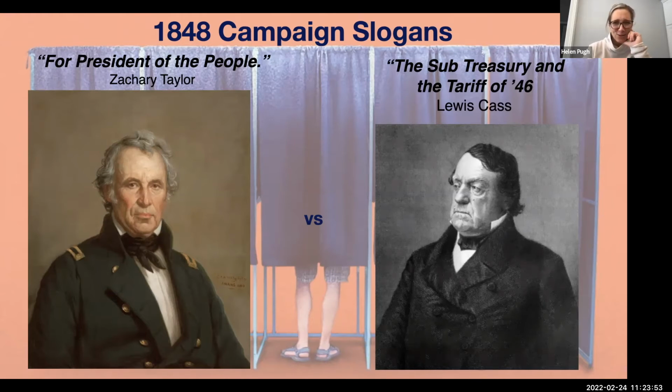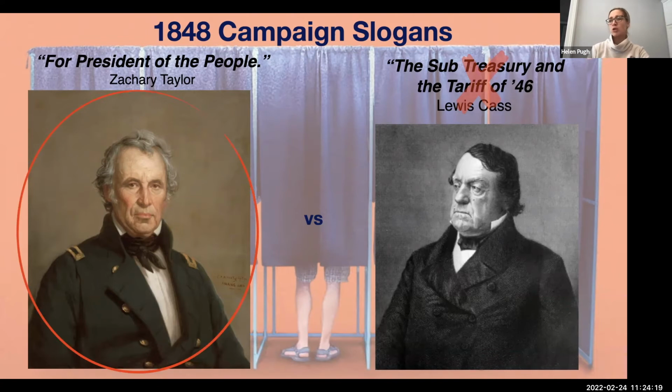Now I know some of you are already really well versed in who our presidents were, so that's going to be helpful for you. And Hazley, you're right with Taylor. And let's kind of talk about "for president of the people." Short, sweet, for the people. People like that.